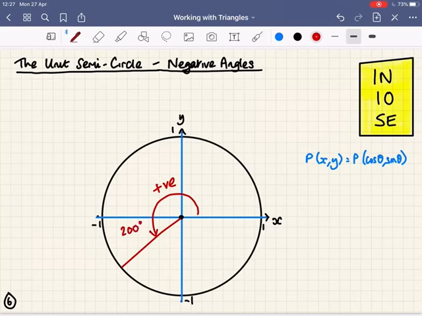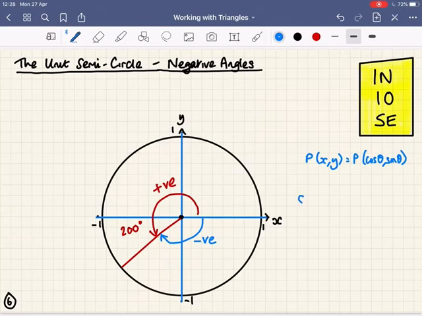But I could have got to the same place by working in the other direction. I could have gone that way, and this is a negative angle. Hopefully you can see that if I've gone 200 degrees in an anti-clockwise direction to get to that red radius or line, that's the equivalent of travelling minus 160 degrees.